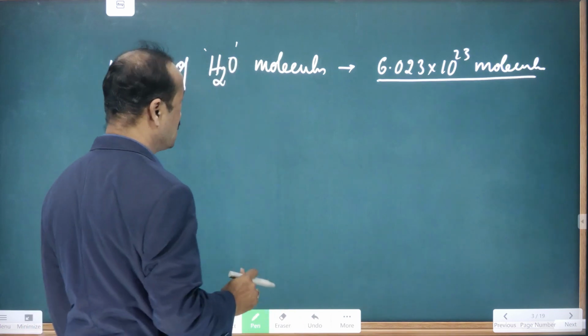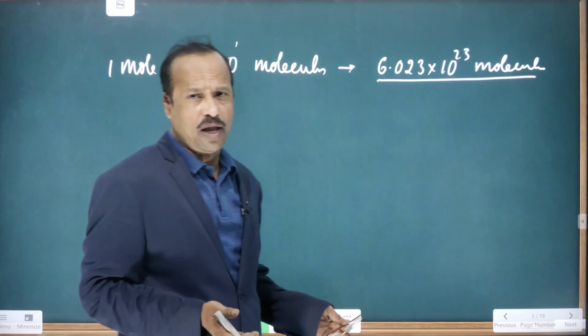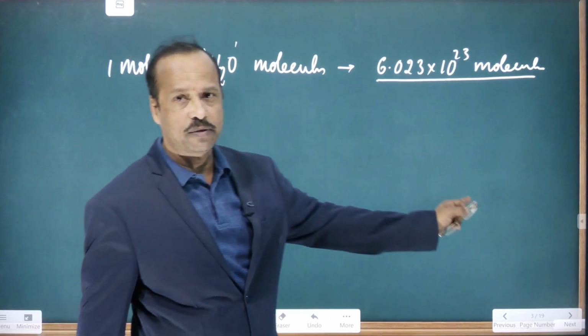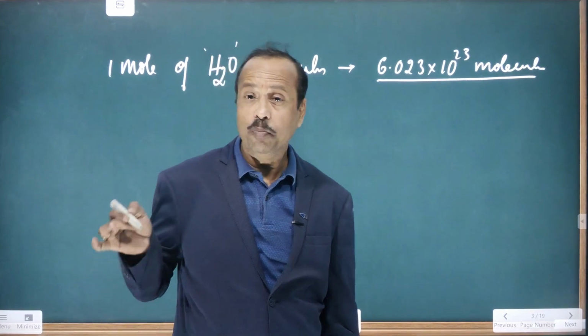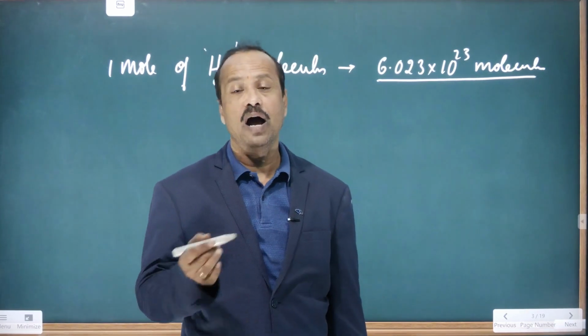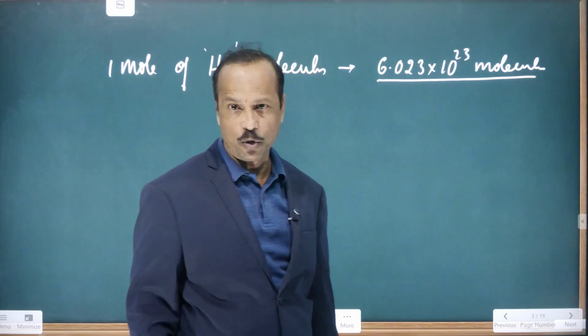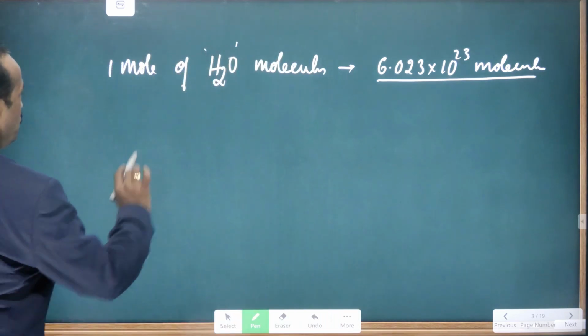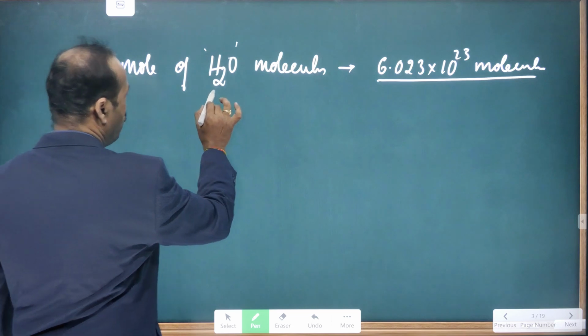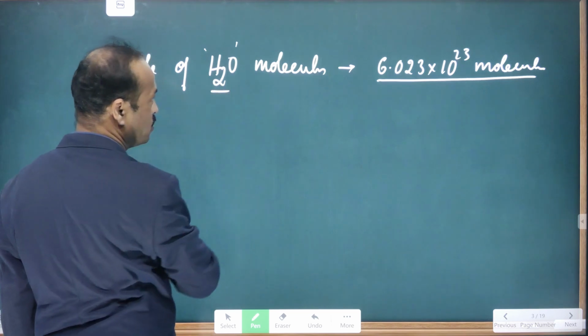But they don't ask you how many molecules are there. You know that 1 mole is equal to this much. But they ask you how many hydrogen atoms or how many oxygen atoms are there. So what can you do? See here, 1 water molecule consists of 2 hydrogen atoms.